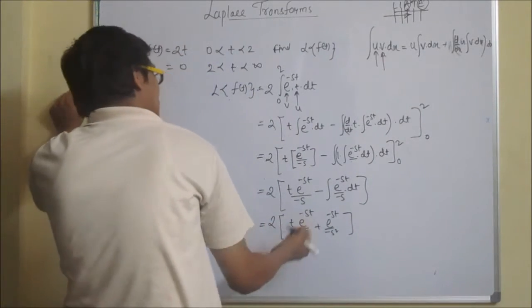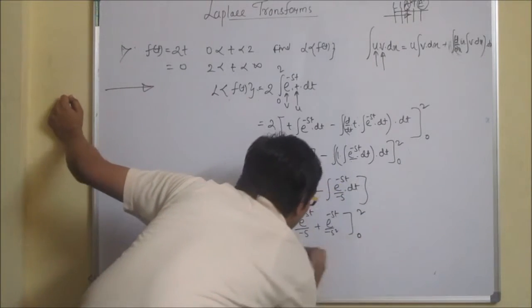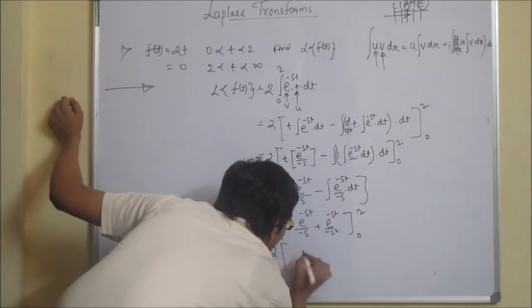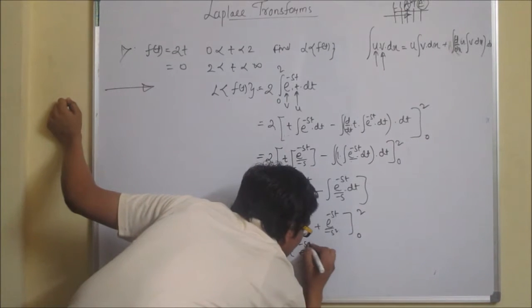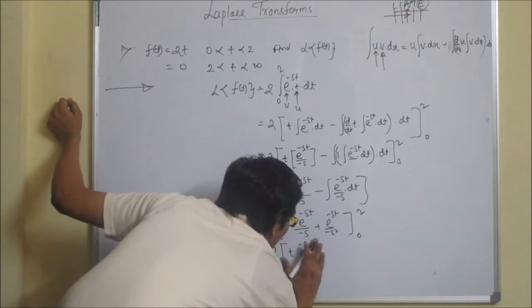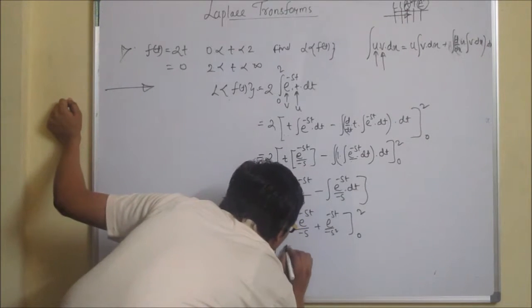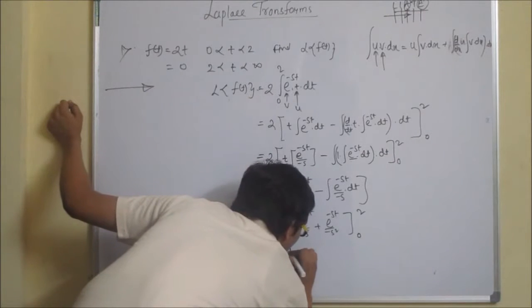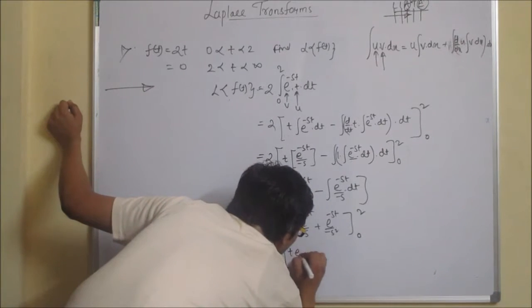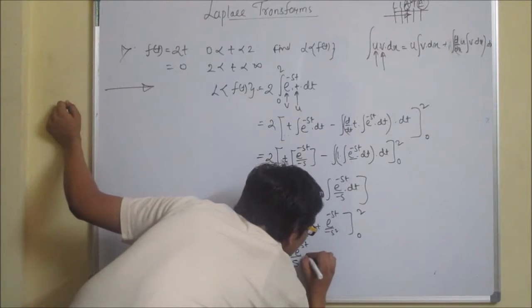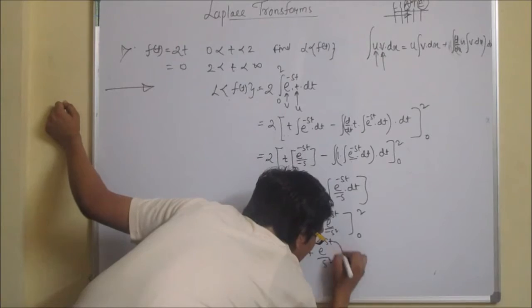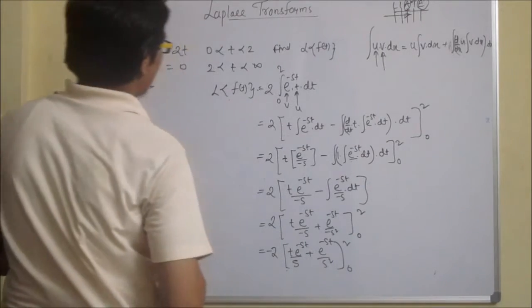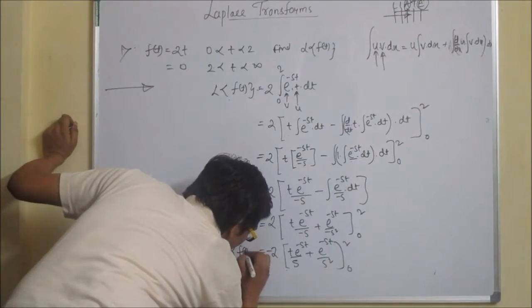Now just taking this minus outside, it will be t e raised to minus st by s plus e raised to minus st by s square, times 2.